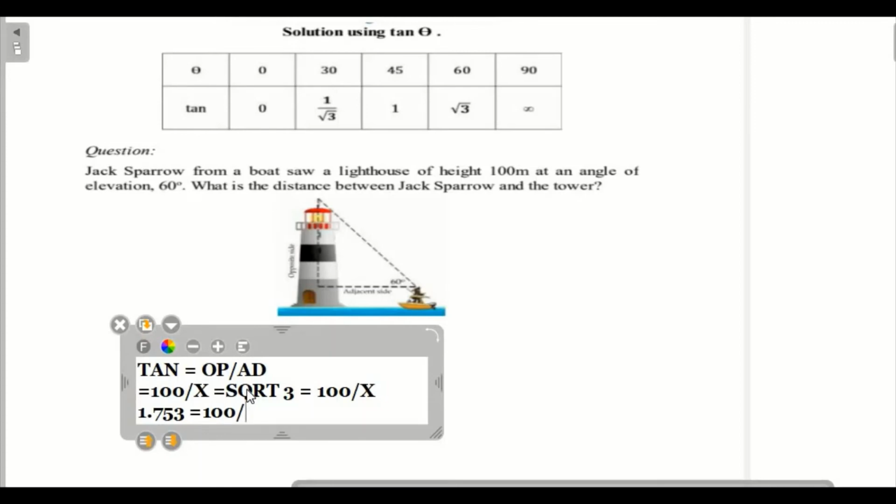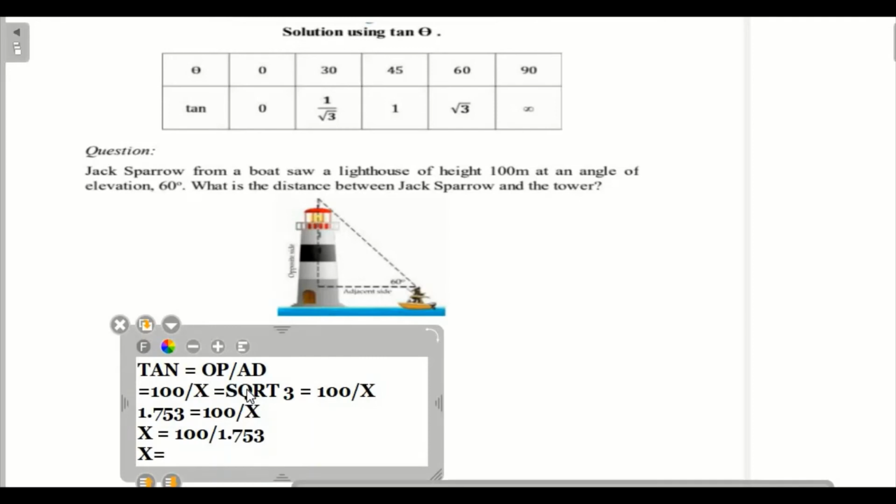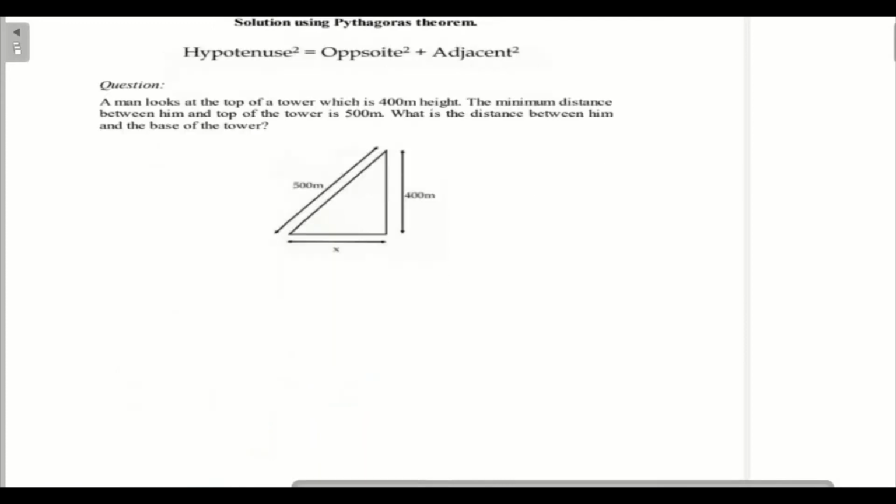So we should cross multiply it by the values. So x equal to 100 divided by 1.753. So value of x equal to 57.7 meters. Okay.